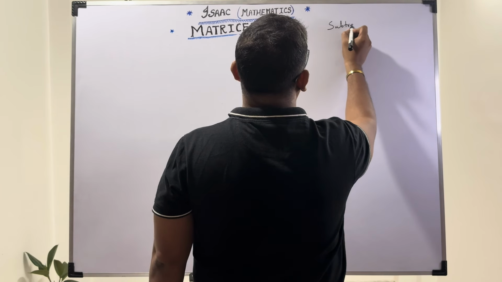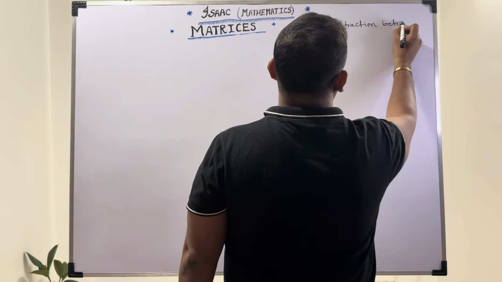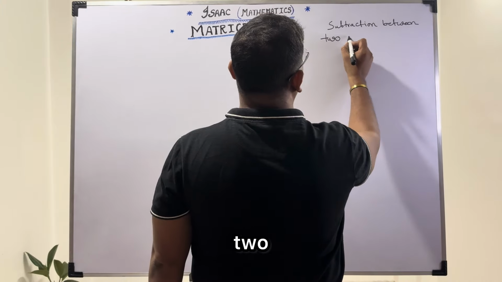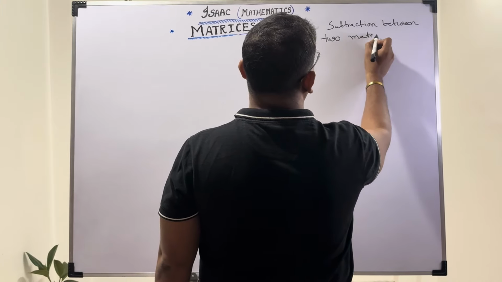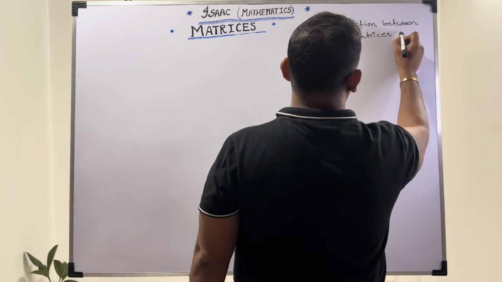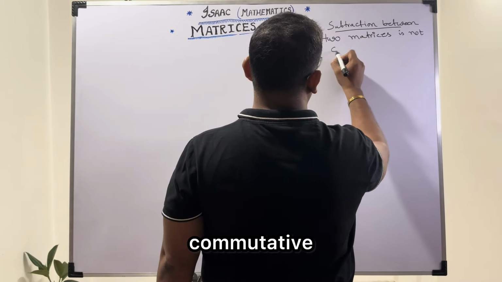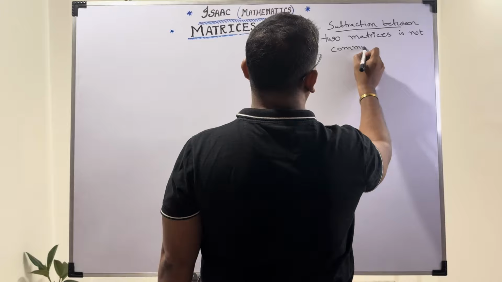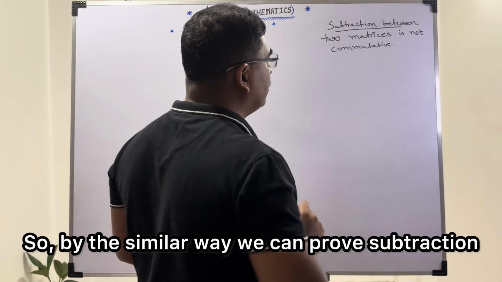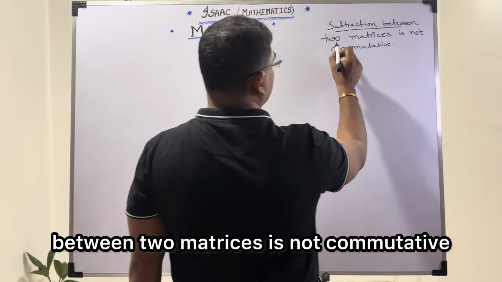Subtraction between two matrices is not commutative. So in a similar way, we can prove subtraction between two matrices is not commutative.